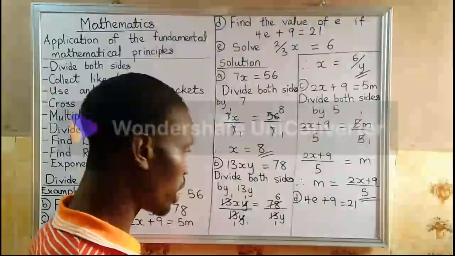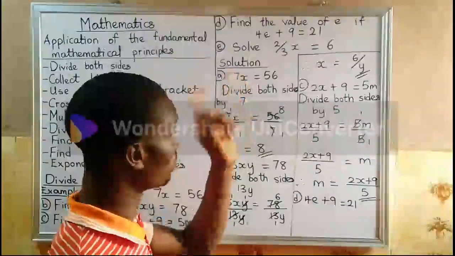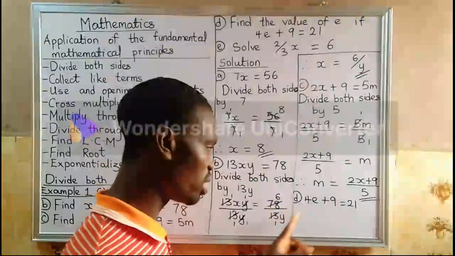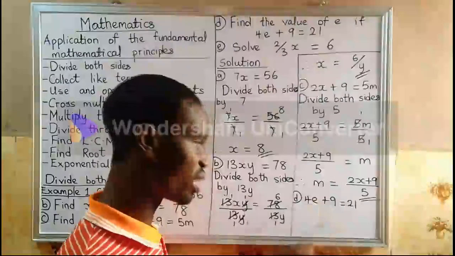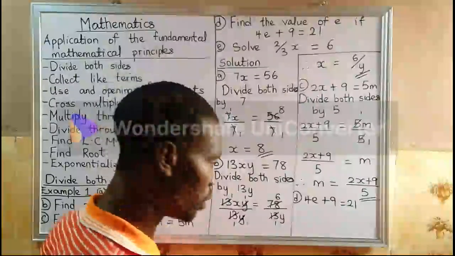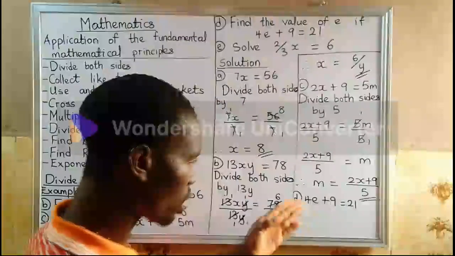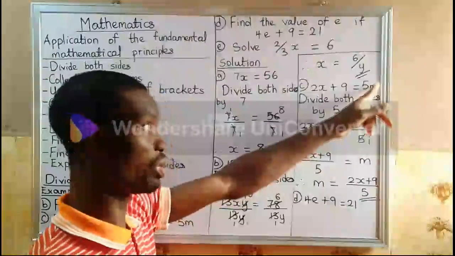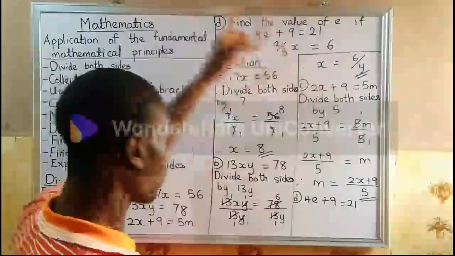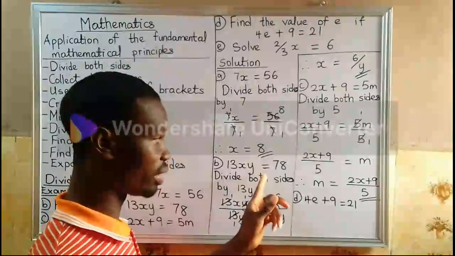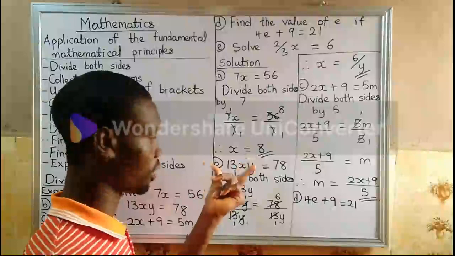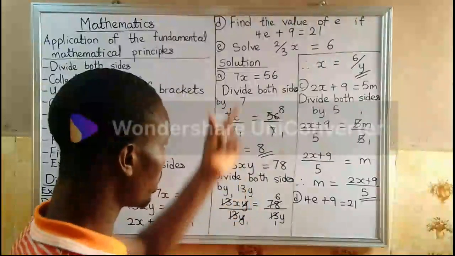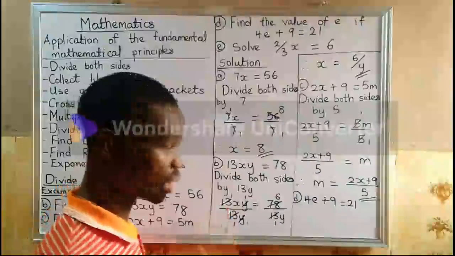In this case, we are looking for the variable E. Find E, find the value of E. So we are looking for the variable E, and the term containing the variable E is 4E. Other terms are 9 and also 21.